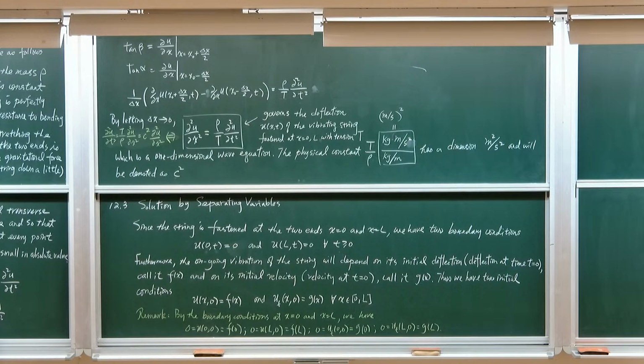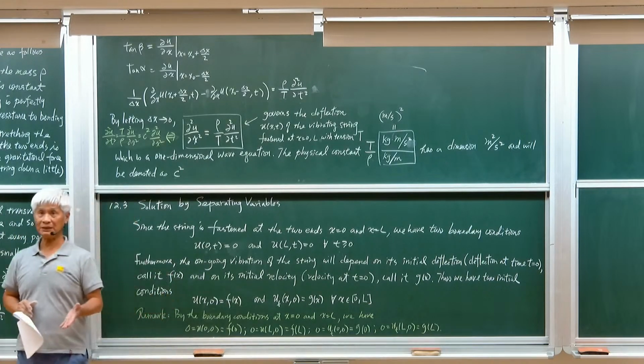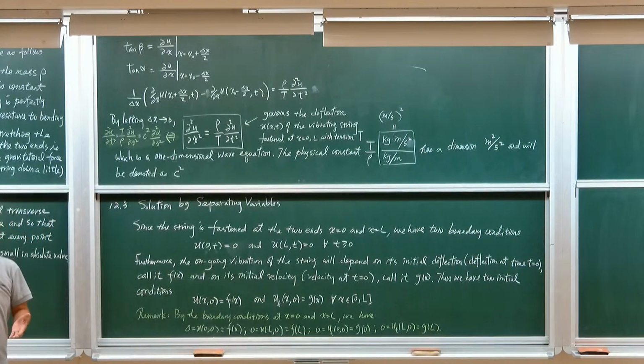So the existence and uniqueness is found from the physics. I can say that, even though we didn't prove it mathematically, we believe that this just follows from mechanics in physics.